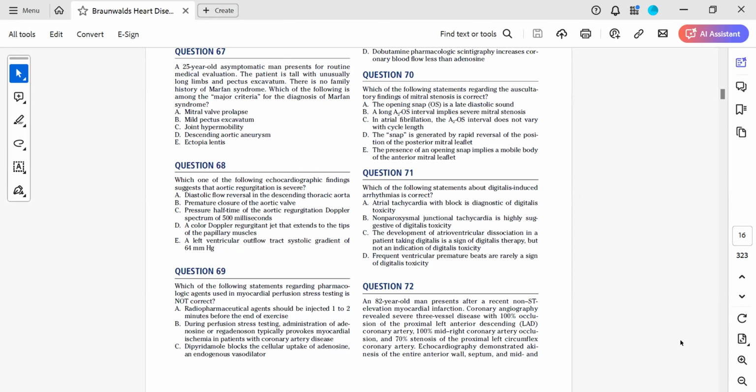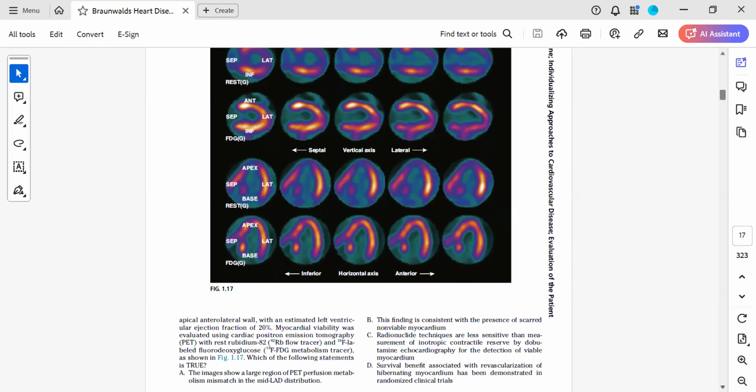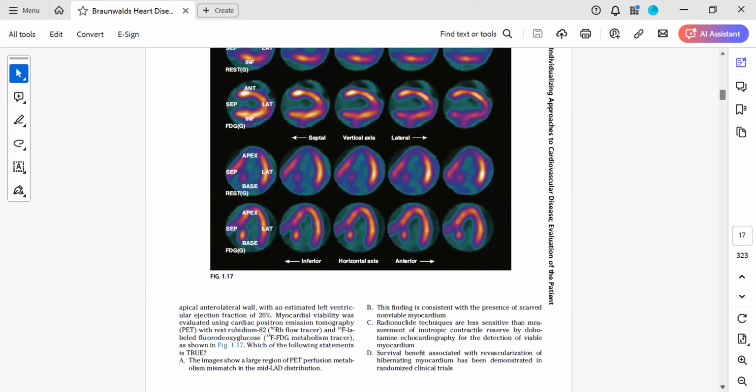Echocardiography demonstrated akinesis of the entire anterior wall, septum, and mid and apical anterolateral wall with an estimated left ventricular ejection fraction of 20%.